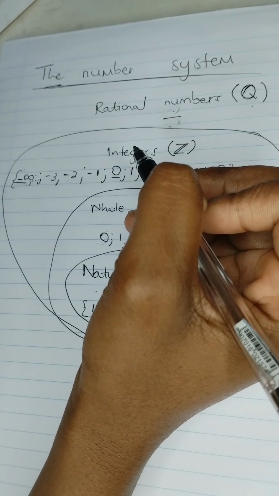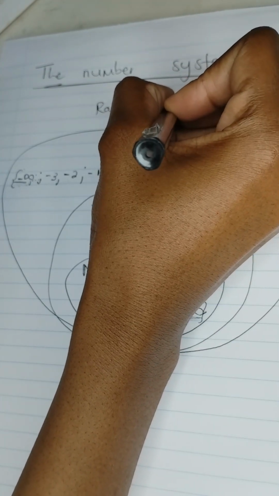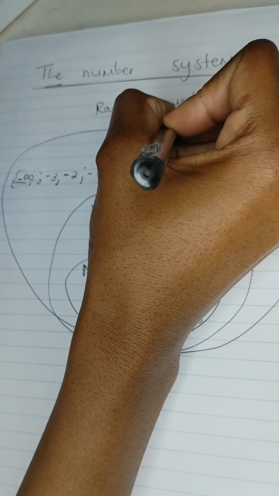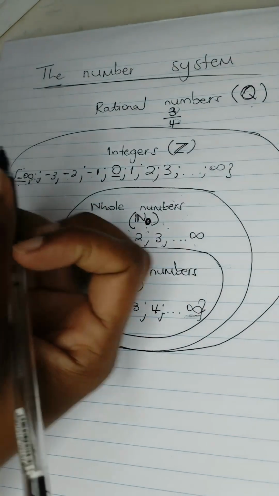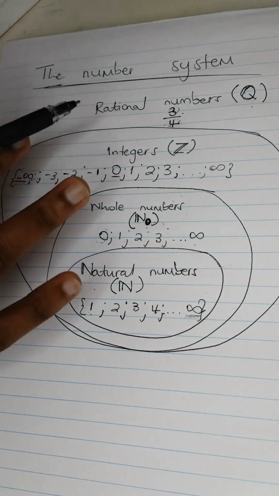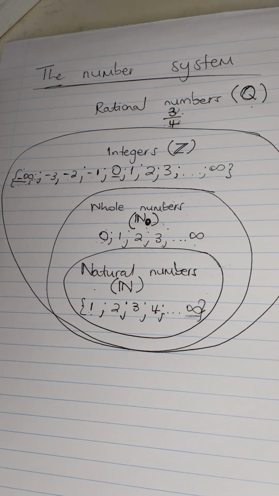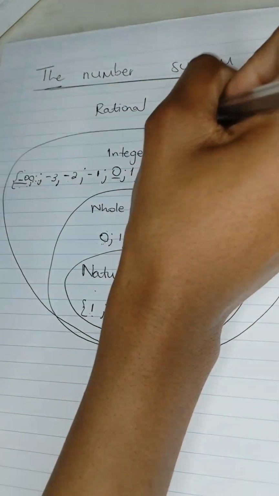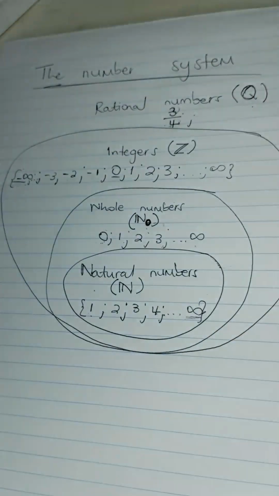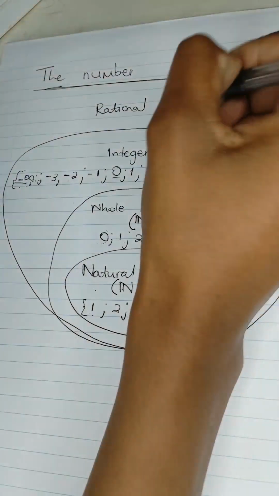So whatever fraction you have, let's say 3 over 4, that's a fraction: 3 numerator, 4 denominator. So this is your rational number. Another example is a decimal that is recurring. Recurring means what?